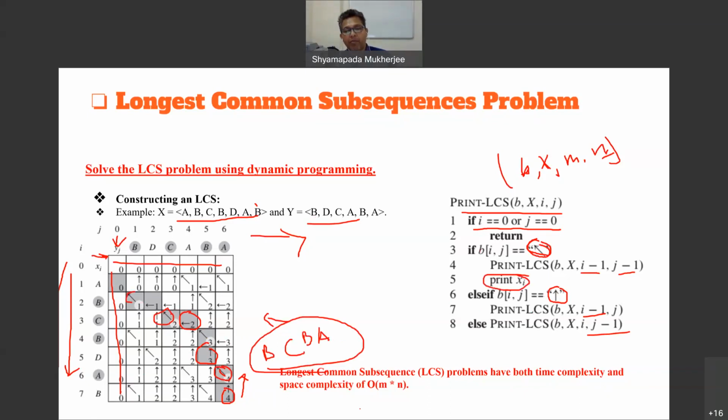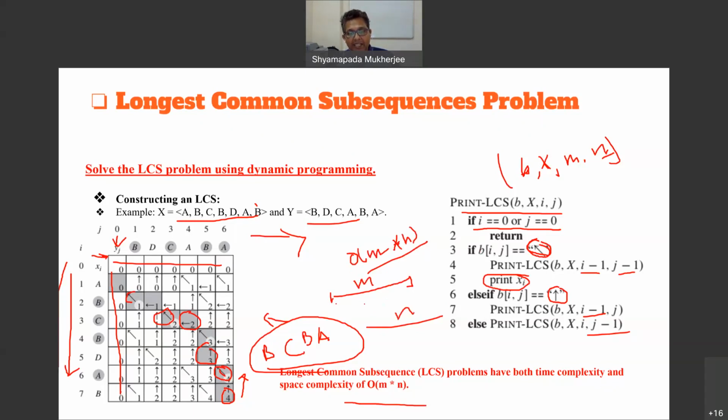And here you see the possible number of distinct subproblems we are getting is order of m into n. Why? See the number of possible common subsequences: if we want to match a length of m, this is m for x and this length for y.